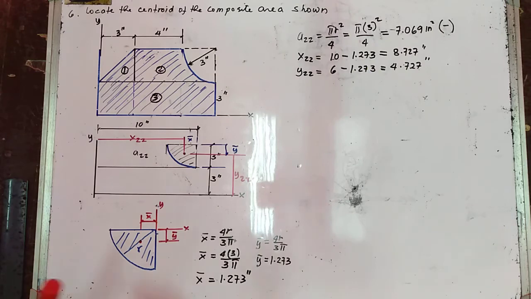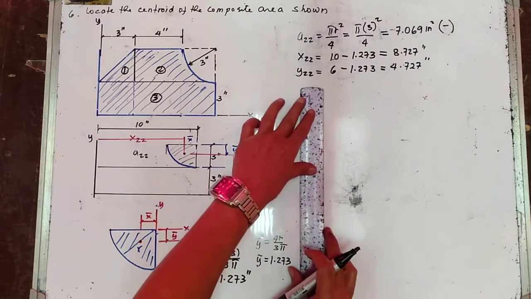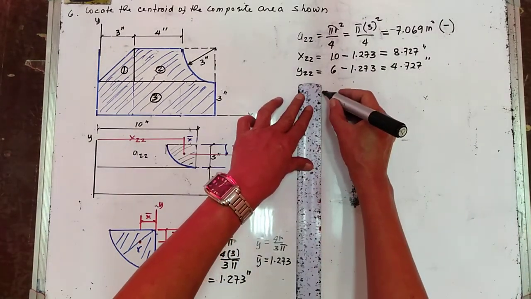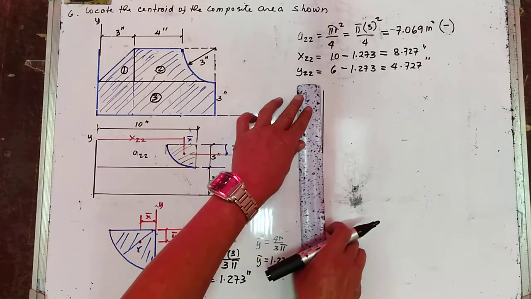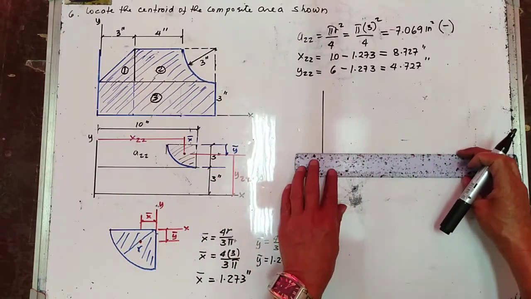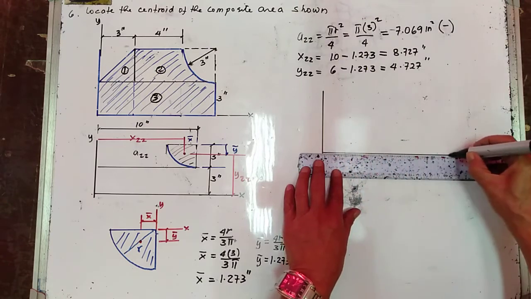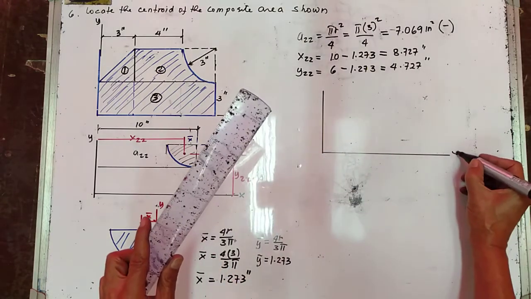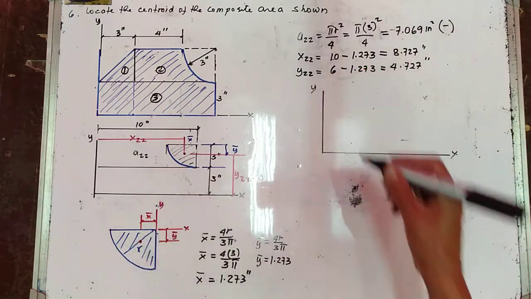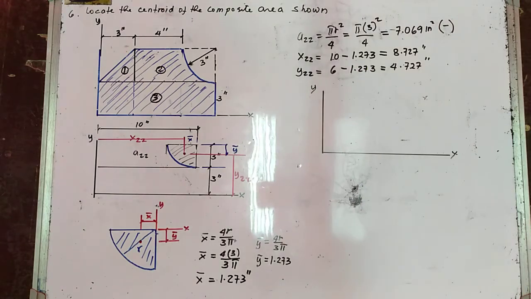Let us now proceed to the last area, and that is your area 3. So we now have your x and y axis. This is the x-axis, and this one is the y-axis. This is now your area 3.